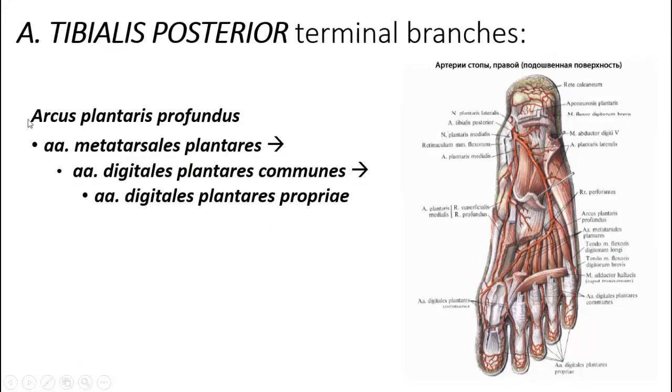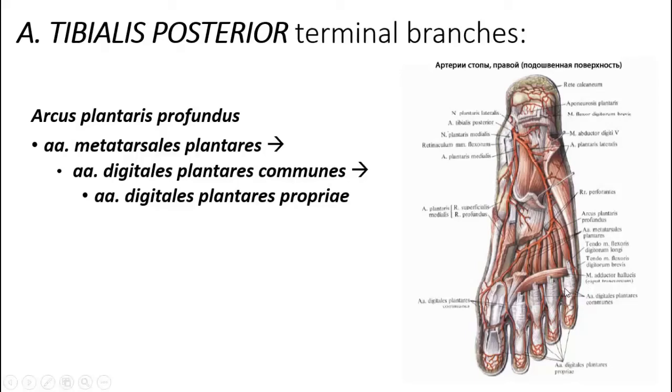The arcus plantaris profundus, and here we can see this arch. From this arch start four arteriae metatarsales plantares. So here and here and here and here. The terminal parts of these arteries continue to the arteriae digitales plantares communes. Here, here, here, here.